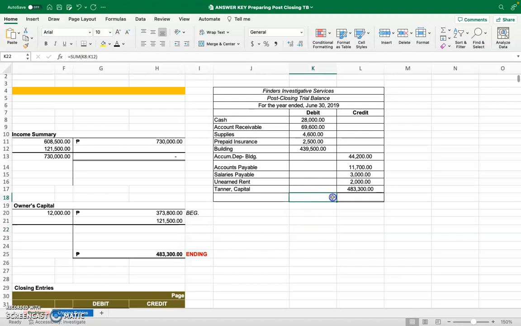Let's see if it's equal. Okay, so if you have followed the steps religiously and correctly, you will end up closing the trial balance equally. So the final balance now of debit and credit for the post-closing trial balance is 544,200 for both debit and credit.